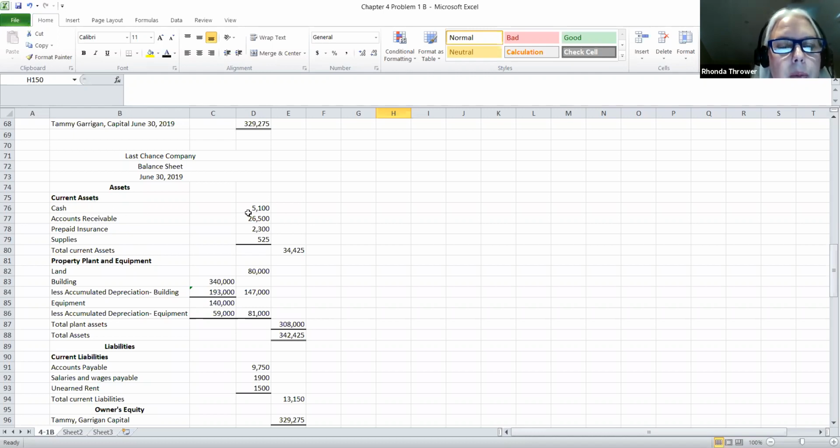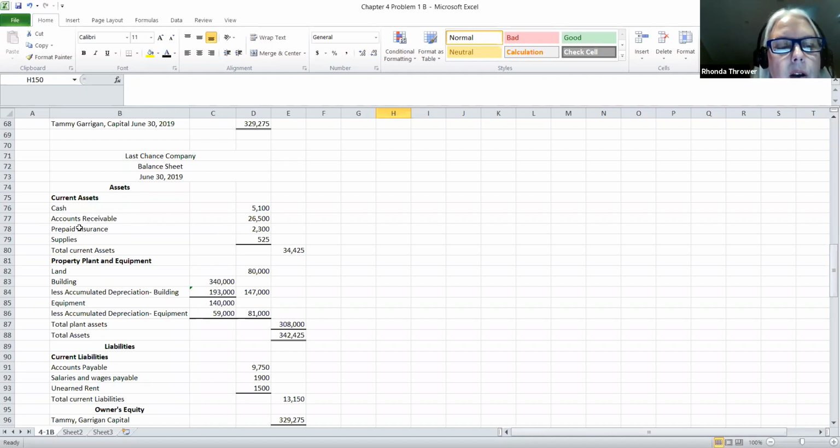So cash is cash, and it's always going to be a current asset, and so it would be listed under current assets on the balance sheet. Accounts receivable is also a current asset. We expect to collect from our customers this amount of the accounts receivable. We will be collecting from our customers within this year, and so that makes it a current asset.